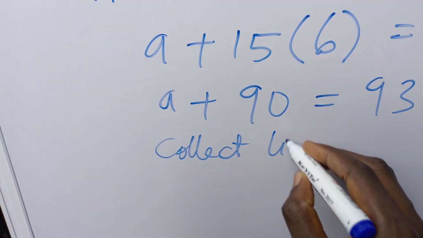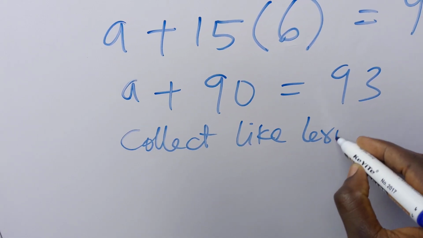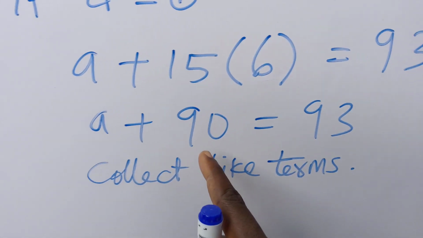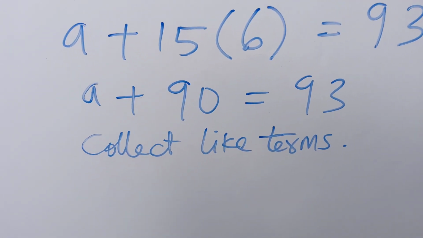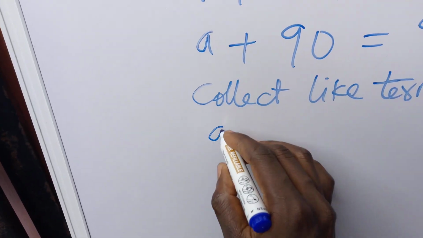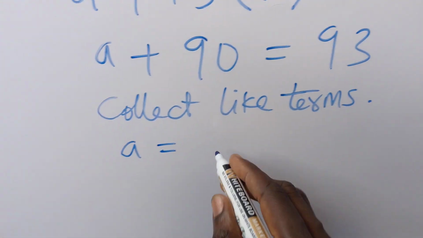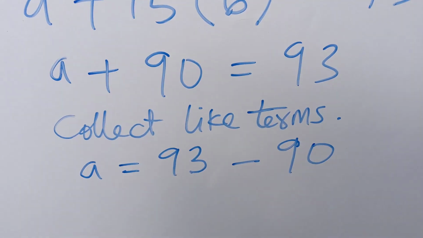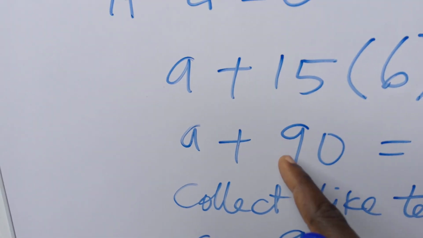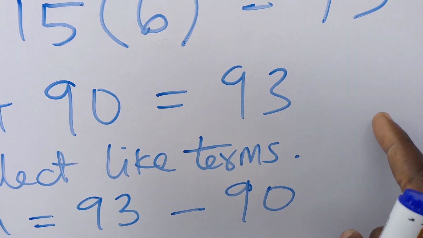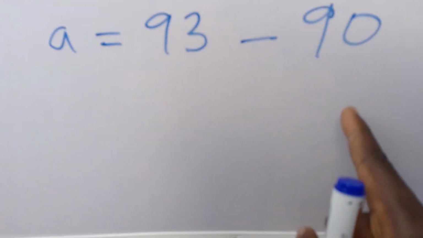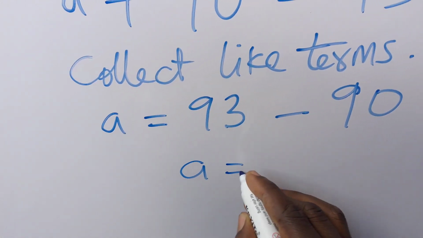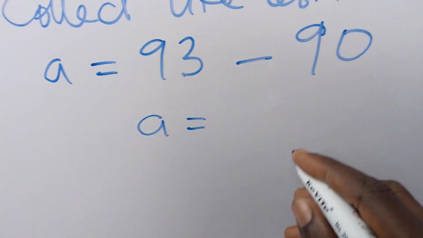By collecting like terms, this plus 90 will cross over to this place and it changes to minus 90. So I'm having a equal to 93 minus 90, which will give me 3.